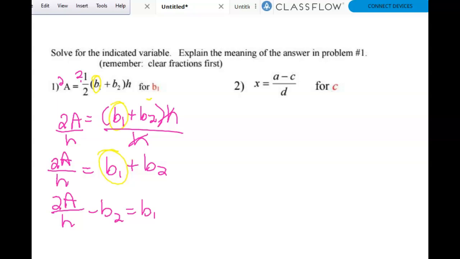Okay, what am I solving for here? So there's my C. What am I doing with the D? I'm dividing. How do I undo division? So I'm going to multiply by D. So over here I have dx equals a minus c.